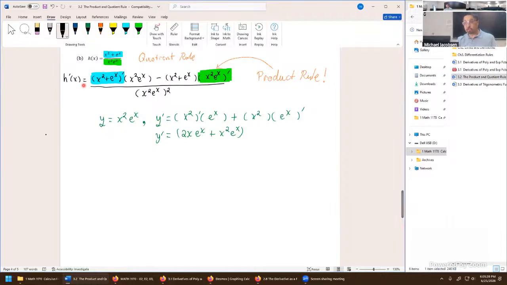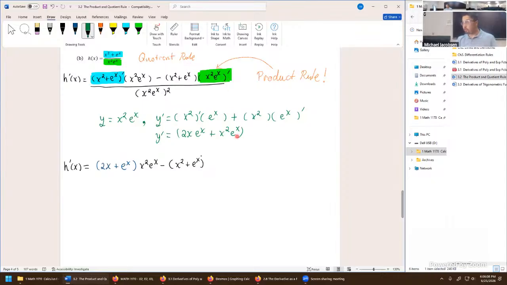So let's go back to the original. H prime at x is now going to be equal to, take the derivative here, that's going to be 2x plus e to the x. So this one came in a little bit nicer, only because if there's a plus, we're just using the sum rule. We differentiate each term. It multiplies against x squared e to the x. Minus, we'll need parentheses to stay on this one, x squared plus e to the x, times the result of this derivative.